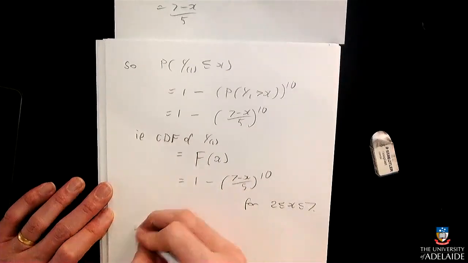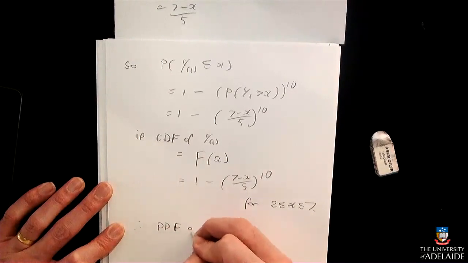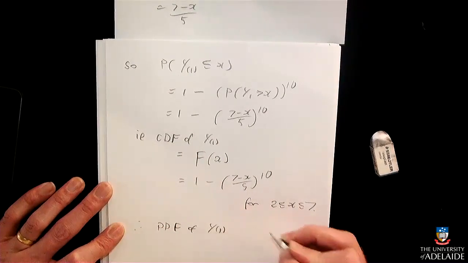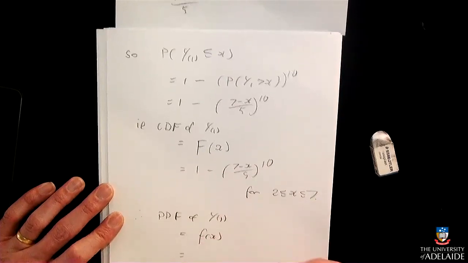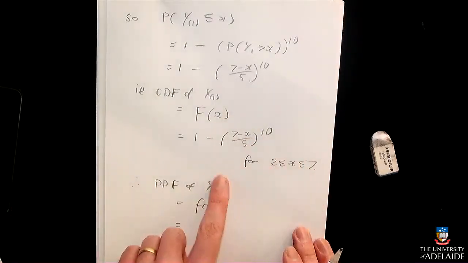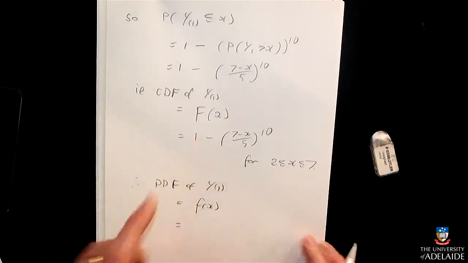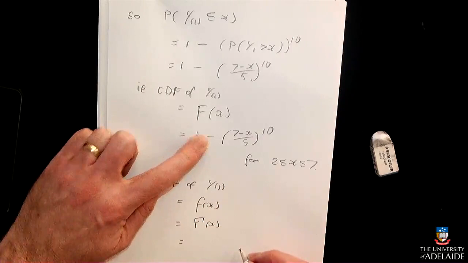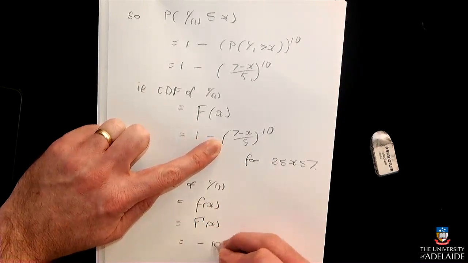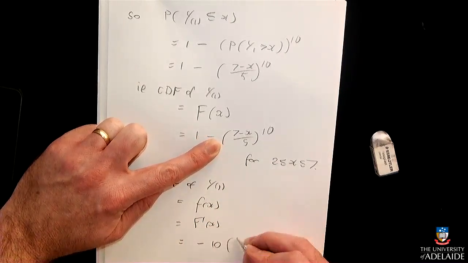And so therefore, the PDF of y1 would be the derivative of that. Okay, so the 1 will disappear, the minus will still be there, the power comes down, there's a new power.